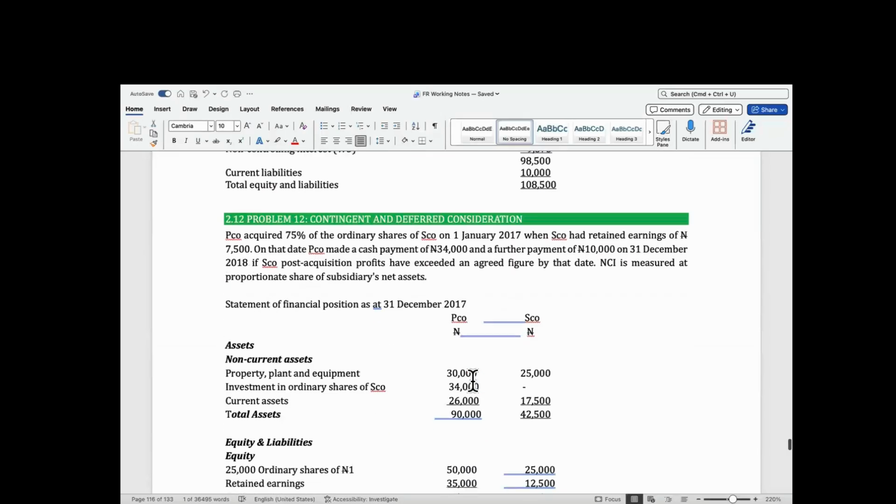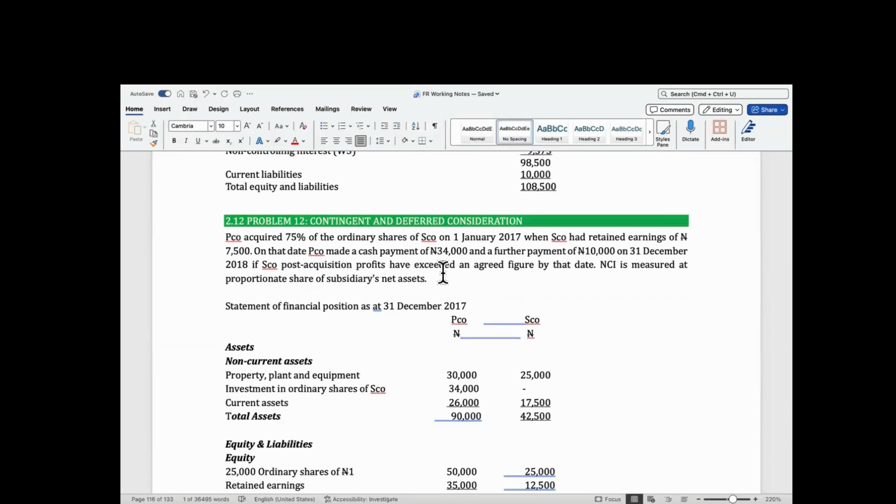Now, what is different in this question is the fact that the parent will also make additional payments in 2018 if the subsidiary's post-acquisition profits have exceeded an agreed figure. So we usually call this contingent consideration.